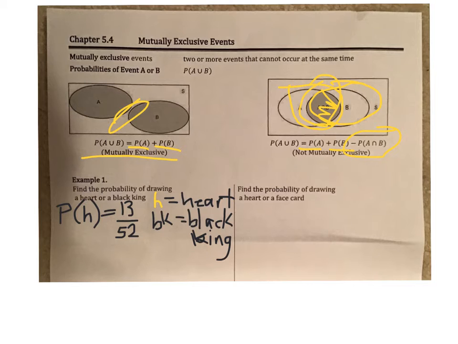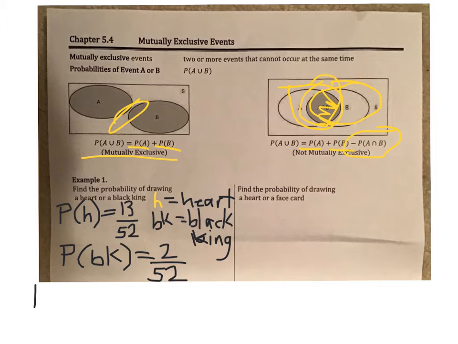So there are 52 cards in total. Probability of getting a black king: there are 4 kings, but only 2 of those are black. 2 are red. So 2 out of the 52 cards would be black kings, and the probability would be 2 out of 52.